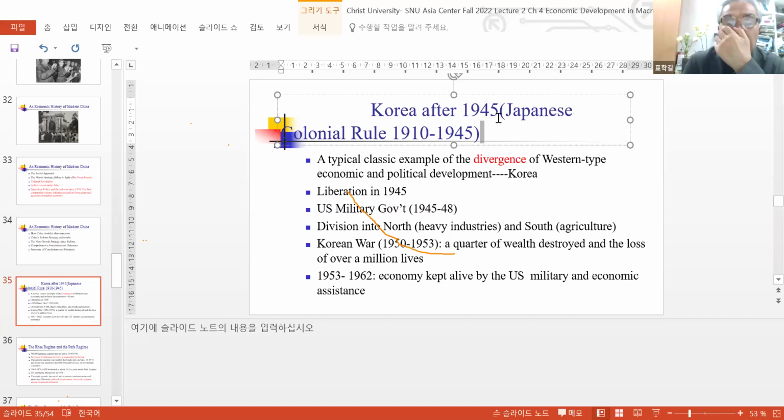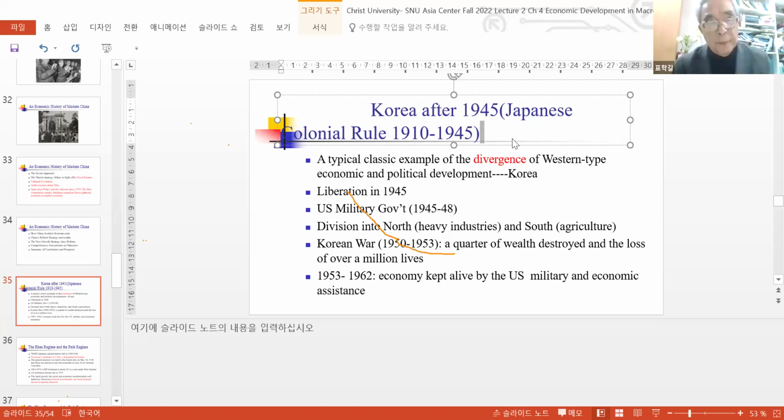But again, through the Yalta Agreement, the Korean Peninsula was divided into two parts: North Korea around 1946, and from 1946 to 1947, the Republic of Korea, South Korea. The North Korea region was originally occupied by Soviet Union troops. The South Korean division was occupied by US military troops.